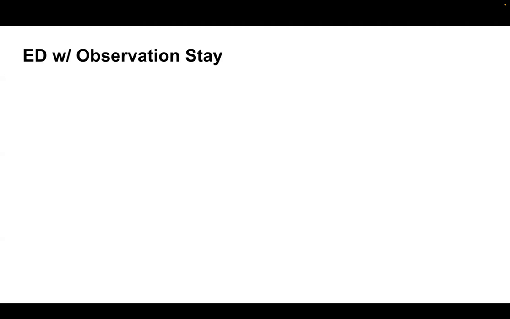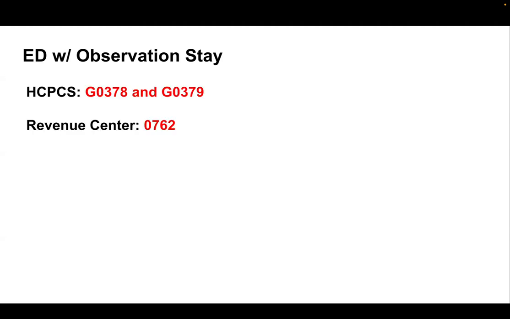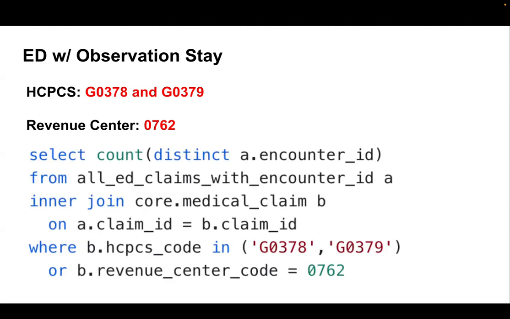Now let's see how many were ED with observation. Our criteria for doing that is fairly simple. There are a couple of HCPCS codes that indicate services delivered in an observation setting, and there's one revenue center code that's the dominantly used one for this. So we use some really simple logic.